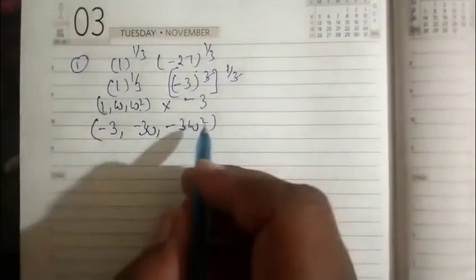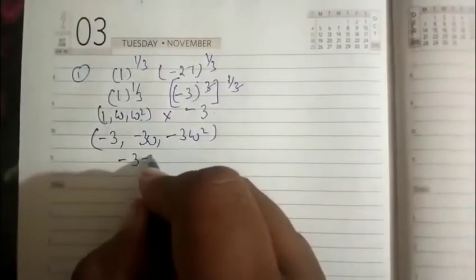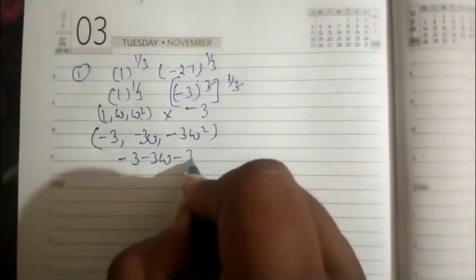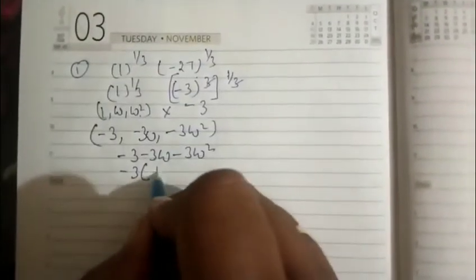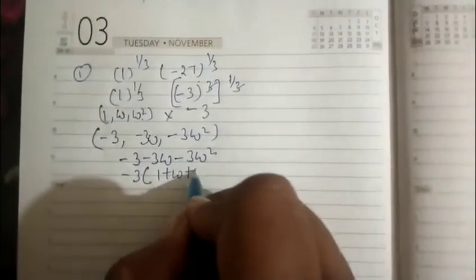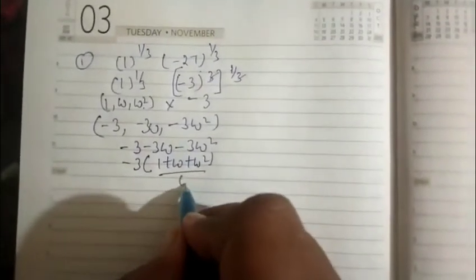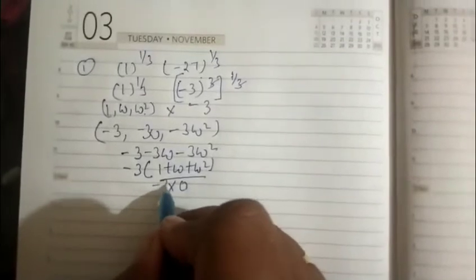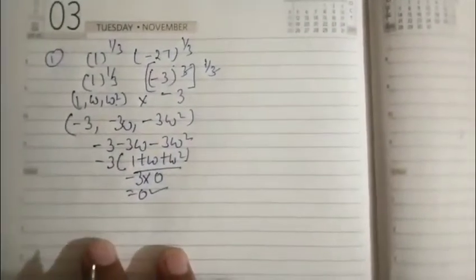Now we have to prove that the sum is 0. We take minus 3 common: 1 plus omega plus omega square, and the value of 1 plus omega plus omega square is 0. 0 into minus 3 is 0, hence proved. So this is question number 1.